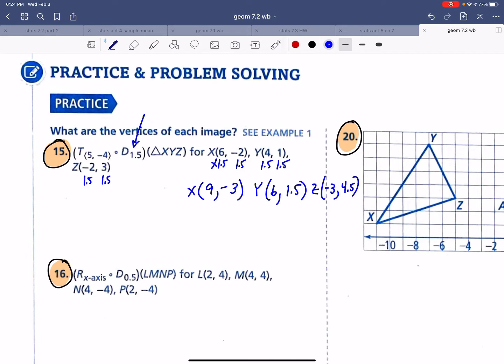Now we're going to do this second. We're going to add 5, but just to the x, right? Add 5 to the x.